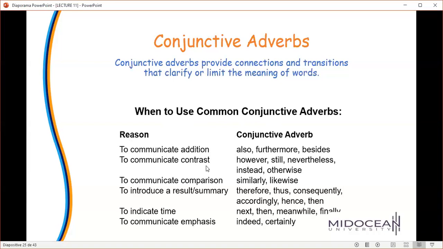To communicate contrast, example, however, still, nevertheless, instead, otherwise. To communicate comparison, example, similarly or likewise. To introduce a result or summary, for example, therefore, thus, consequently, accordingly, hence, then. To indicate time, example, next, then, meanwhile, finally. To communicate emphasis, like indeed and certainly. Okay?